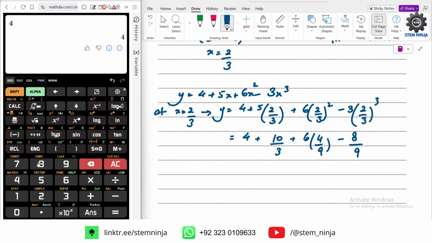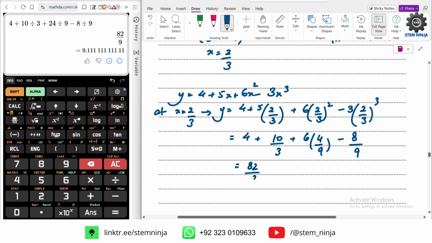So you have 4 plus 10 divided by 3 plus 24 divided by 9 minus 8 divided by 9. So the value of y is 82 over 9.